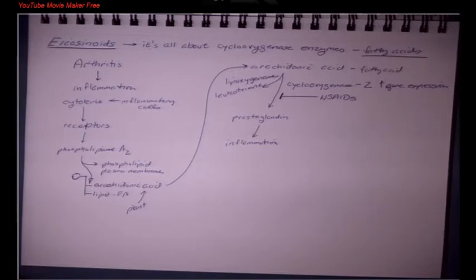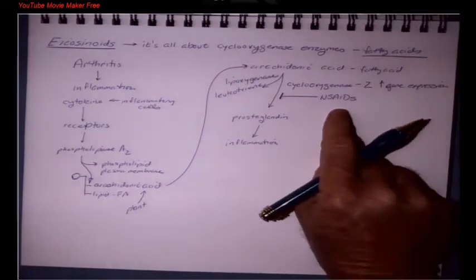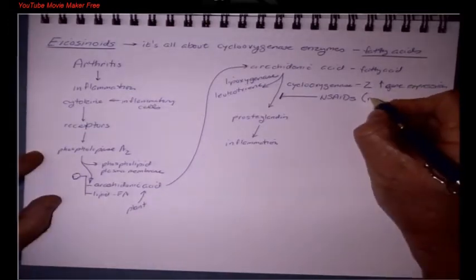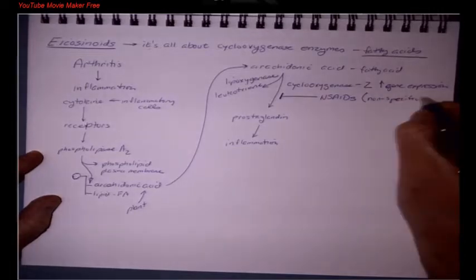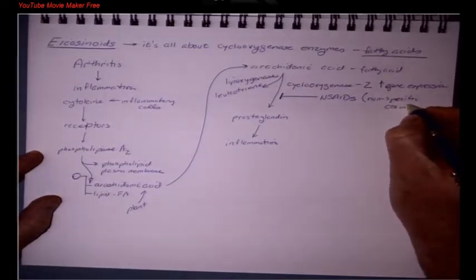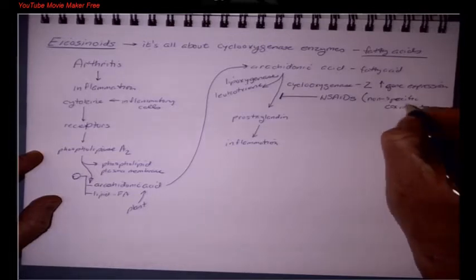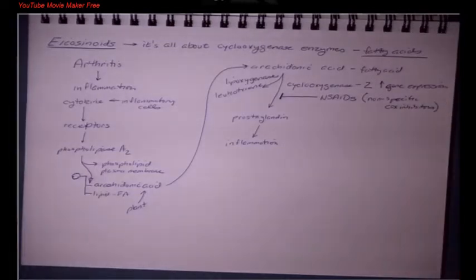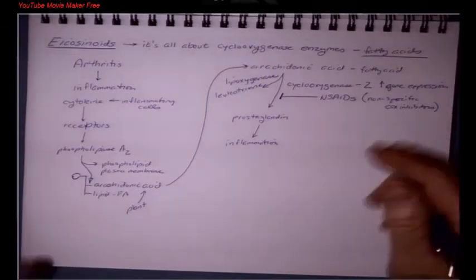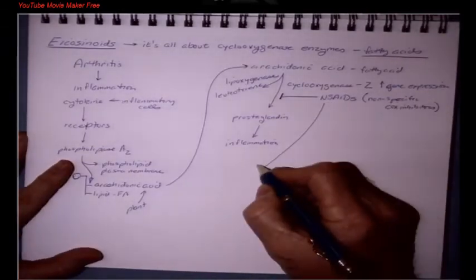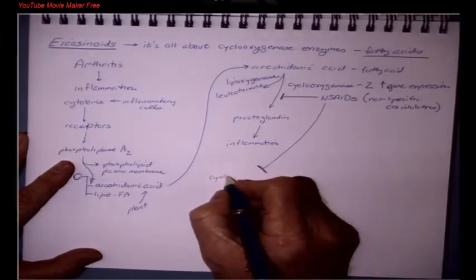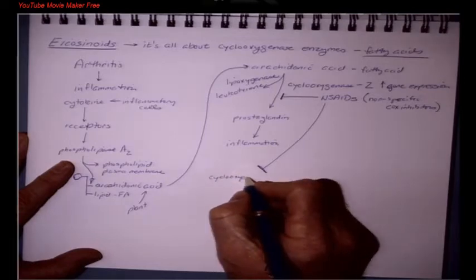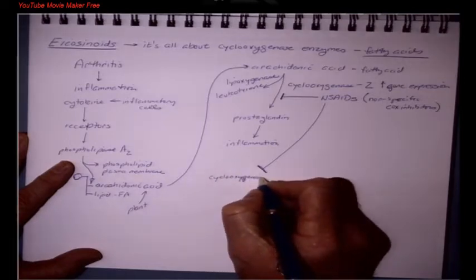Now, what's so bad about this? Well, the problem is that NSAIDs are considered nonspecific cyclooxygenase inhibitors. So nonspecific means that these drugs will also inhibit the activity of cyclooxygenase 1.